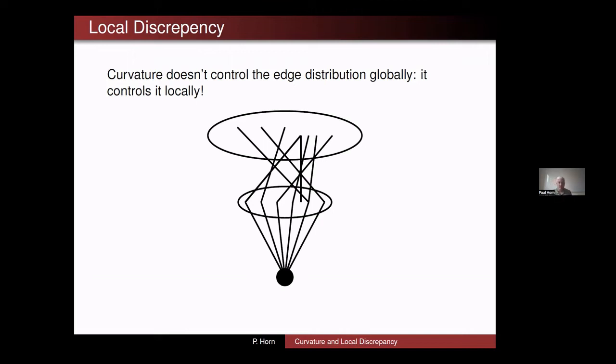So again, curvature itself is looking at the distance to neighborhoods in my graph. And so one thing that you could ask is you could take a vertex, its neighborhood, its second neighborhood.